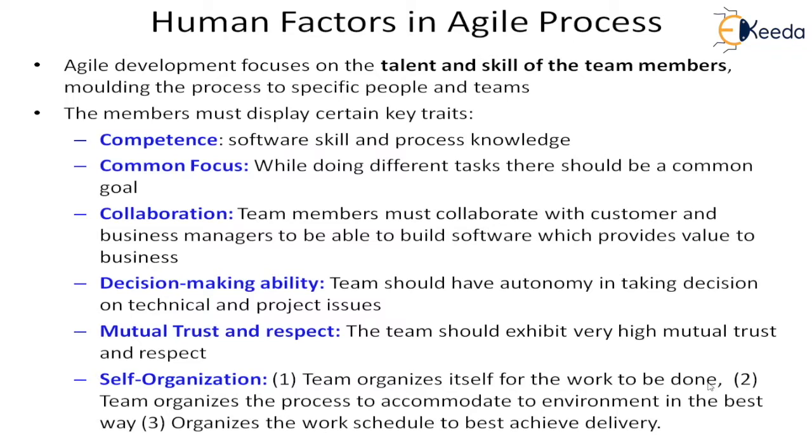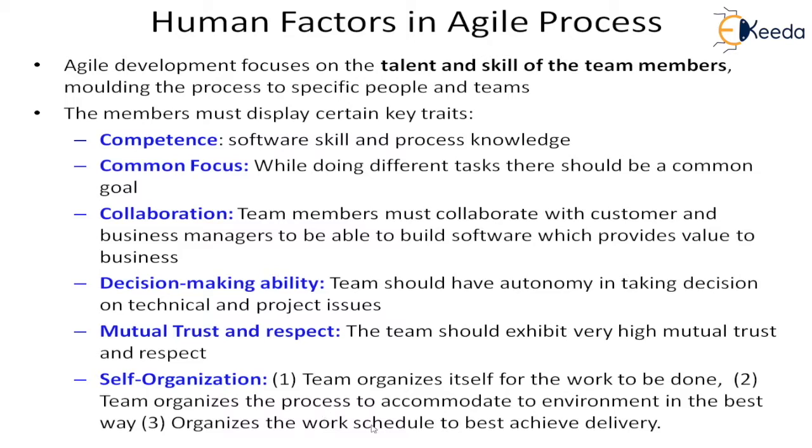Whatever is the best way we can accommodate to the changing environment, the process needs to be organized to that method. So the team should be able to do that. And also they should be able to organize the work schedule in the best way so that the delivery will be achieved. To best achieve the delivery, they have to adapt the work schedule.